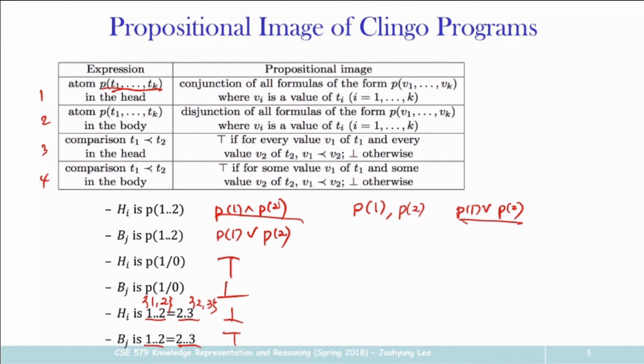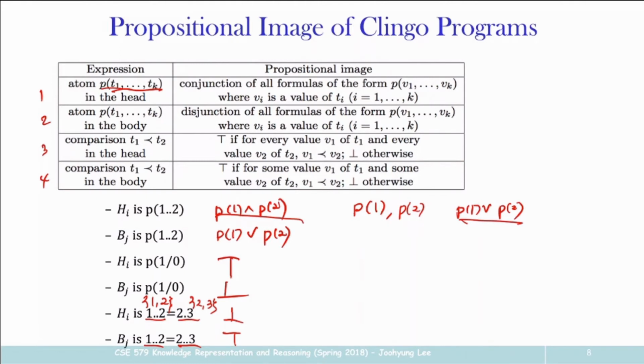So when I say 1, 2 equals 2, 3, that means either 1 equals 2, or 2 equals 2, or 1 equals 3, or 2 equals 3. If this disjunction is true, then this is true.